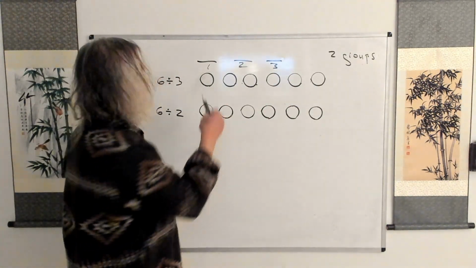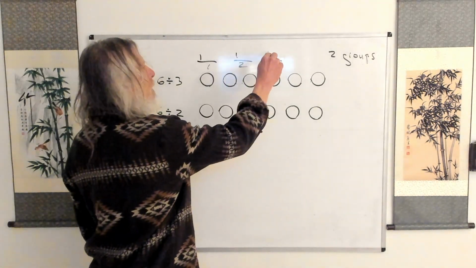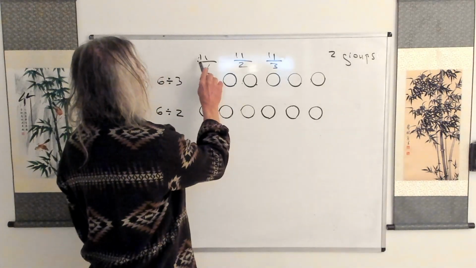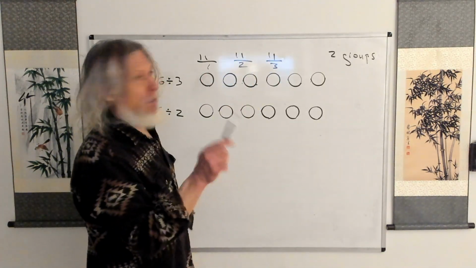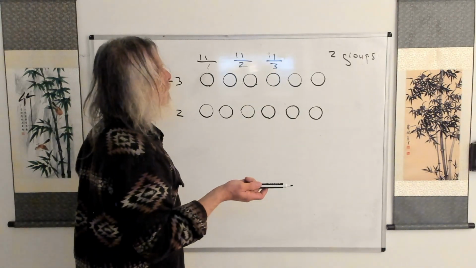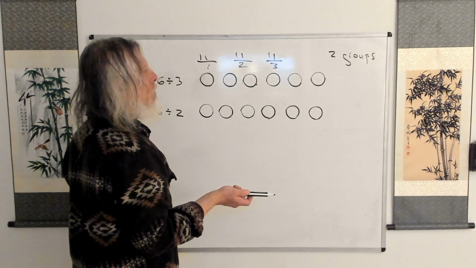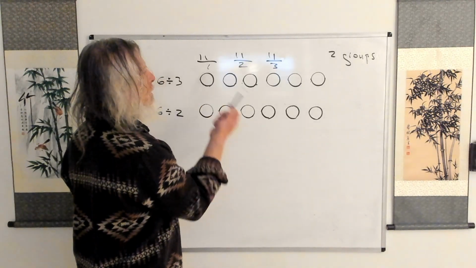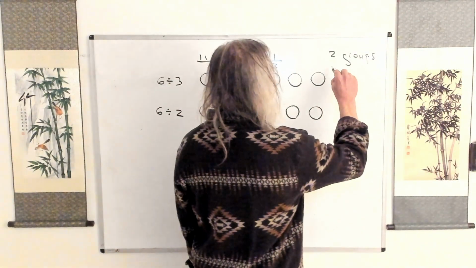So just like when you're young, you get 1, you get 1, and I get 1. You get 1, you get 1, and I get 1. All 6 things. 1, 2, 1, 2, 1, 2. Everyone gets the same amount. Okay. There are 2 things in the 3 groups.